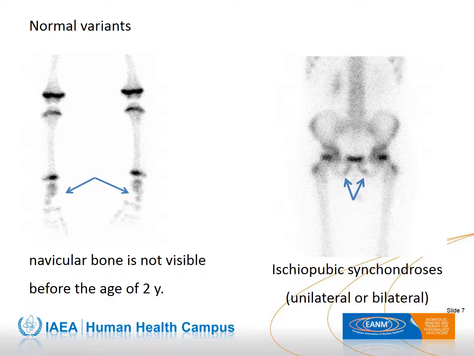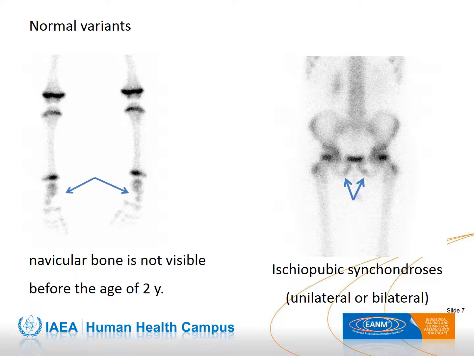Before dealing with pathologic situations, I must stress the changes that occur in the growing skeleton. For instance, the navicular bone is not visible before the age of 2 years. On the pelvis, around the age of 6 to 10 years, ischiopubic synchondroses may be visible and are sometimes asymmetric.